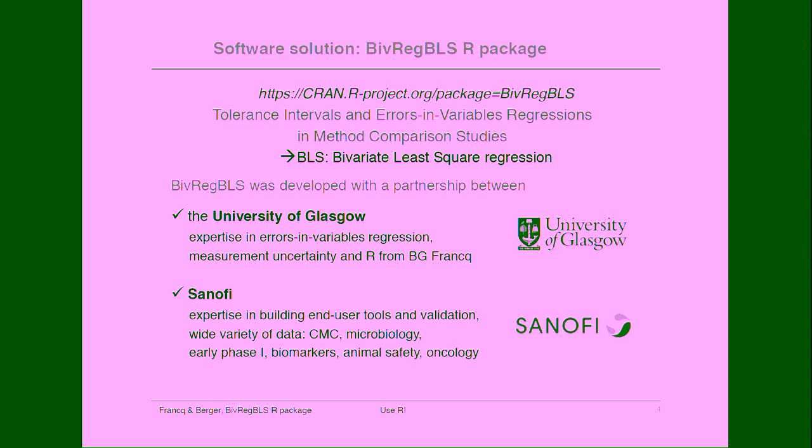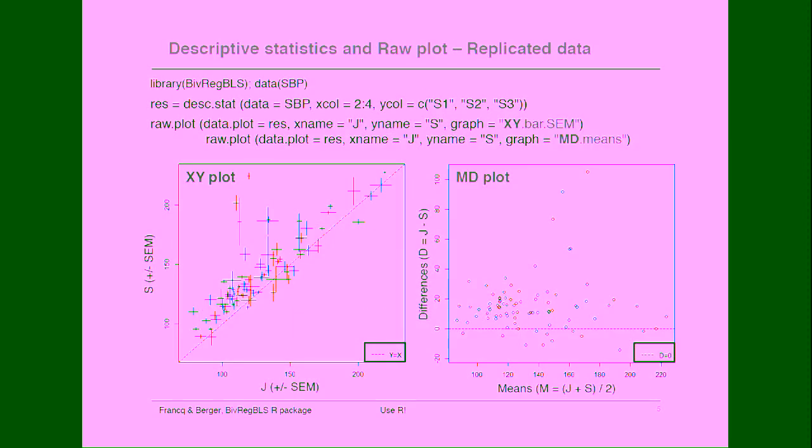To plot the data, we can use the function. We can plot the data in an XY plot on the left with the error bars. Ideally, we should have y equal x. Or we can plot the data in an MD plot on the right. Ideally, we should have 0, with the means on the x-axis and the differences on the y-axis.